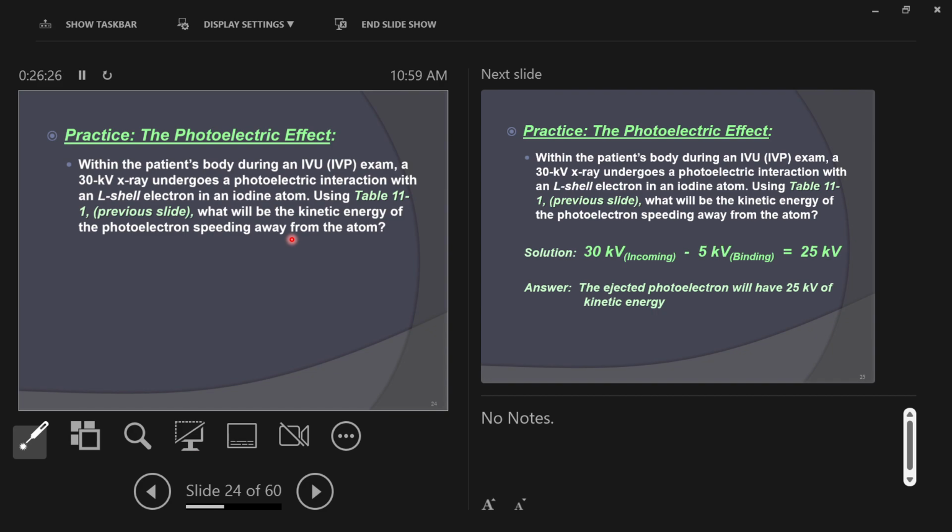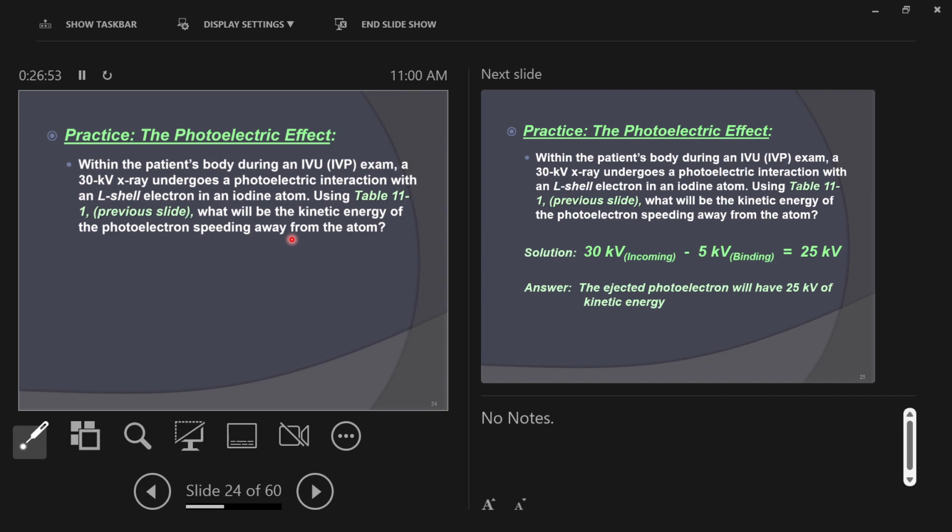The X-ray photon had 30 kV to give, okay? It took 5 kV of its energy just to get the electron out of the L shell of iodine. And so what's going to be left over is a photoelectron with 25 kV. The electron absorbs all of the photon, but it only used 5 kV to get out of the atom, so it's going to retain the other 25 kV.